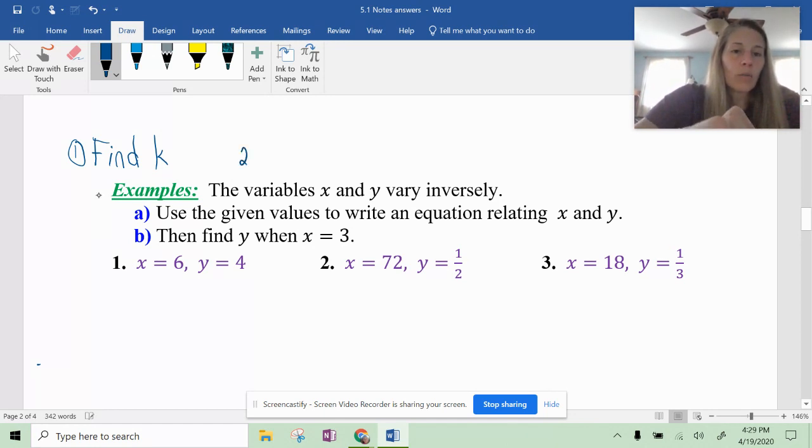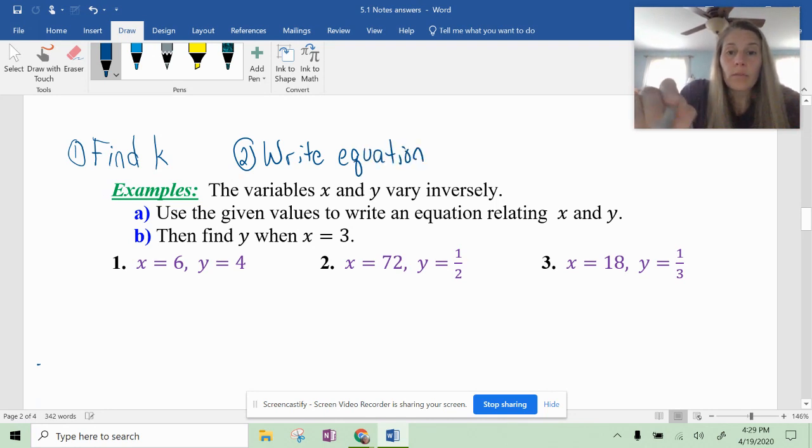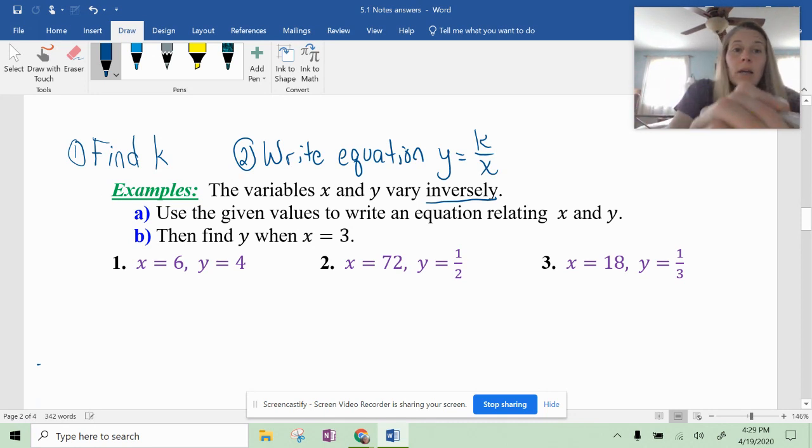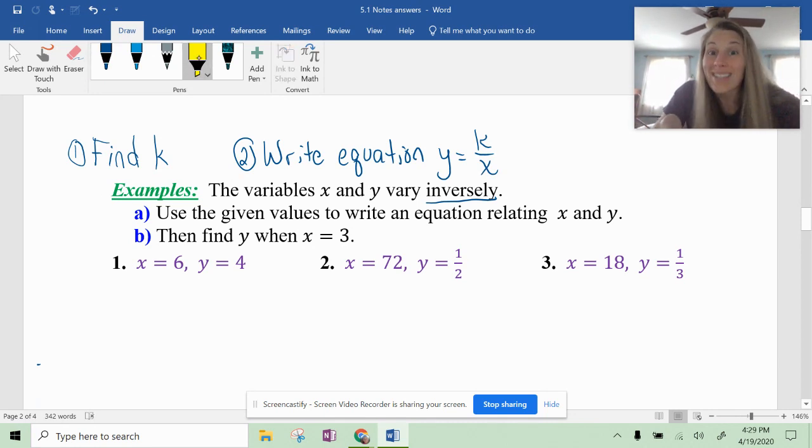The second thing you want to do is write the equation. Remember, because this section we're going to do right now is based on inverse variation, the equation is y equals k over x. Your x and your y are going to stay x and y.